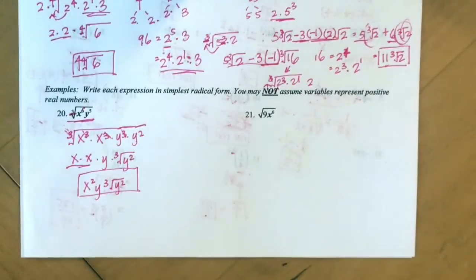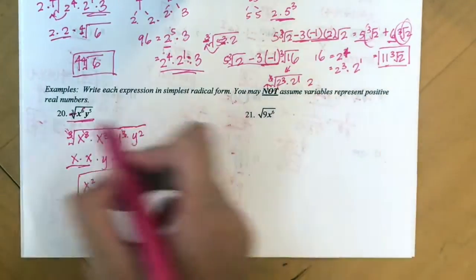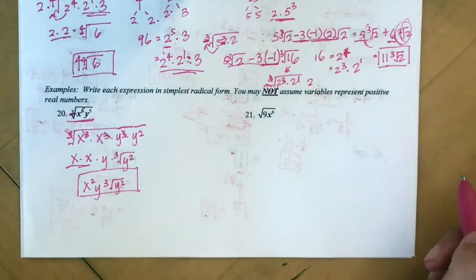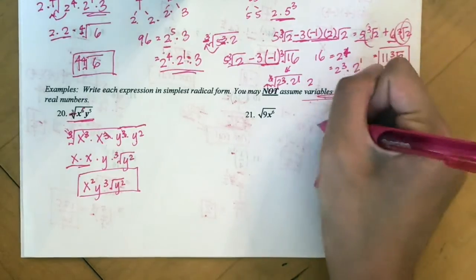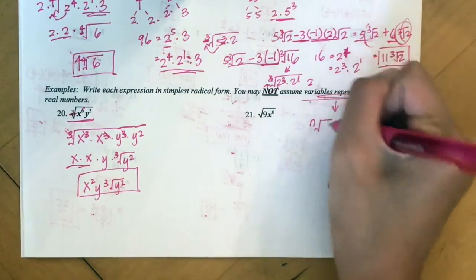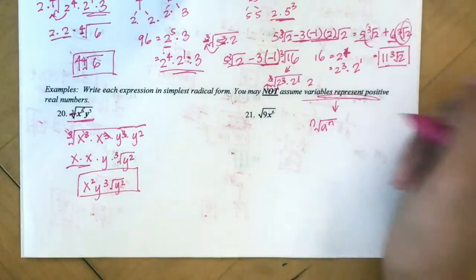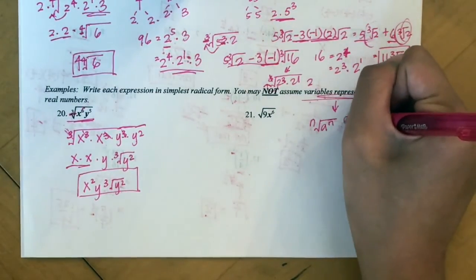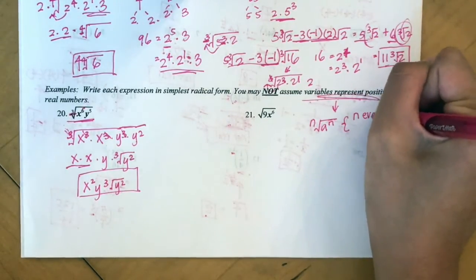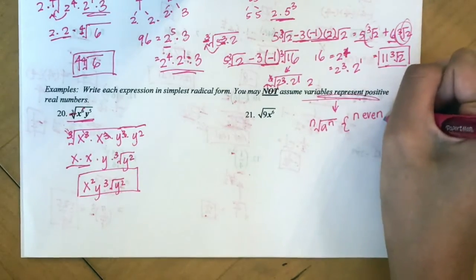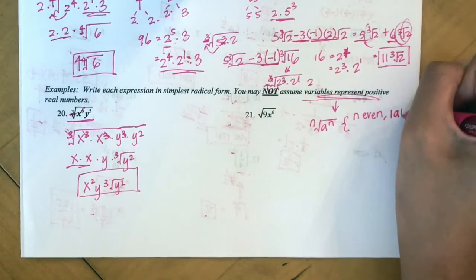I don't know if you noticed this yet, but this question says that you may not assume variables represent positive real numbers. What that means is that if you have nth root of a to the nth power, like this, if n is even, then you have to have absolute value bars around a.